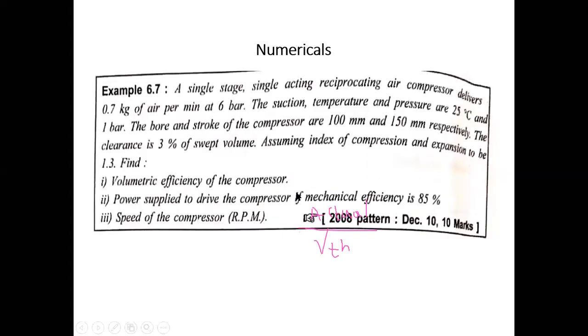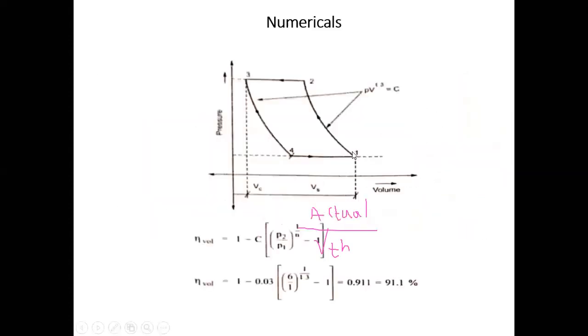Actual volume flow rate is nothing but this much amount of volume, that is V1 minus V4, and theoretical volume is nothing but V1 minus V3, that is Vs. This is Vc, and from this point onward, this is Vs. So the theoretical volume is V1 minus V3 and actual volume is V1 minus V4.